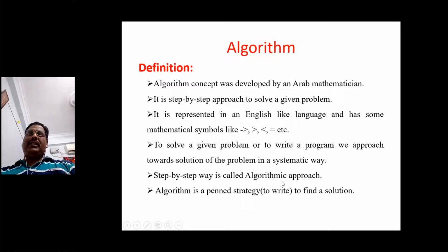So first, you have already understood what an algorithm is. Sorry, before that, what is the need of an algorithm? For designing purposes, there is a need to go with algorithms. It always consists of a sequence of steps to accomplish a particular problem or task, or we can define it as a step-by-step approach to solve a given problem.